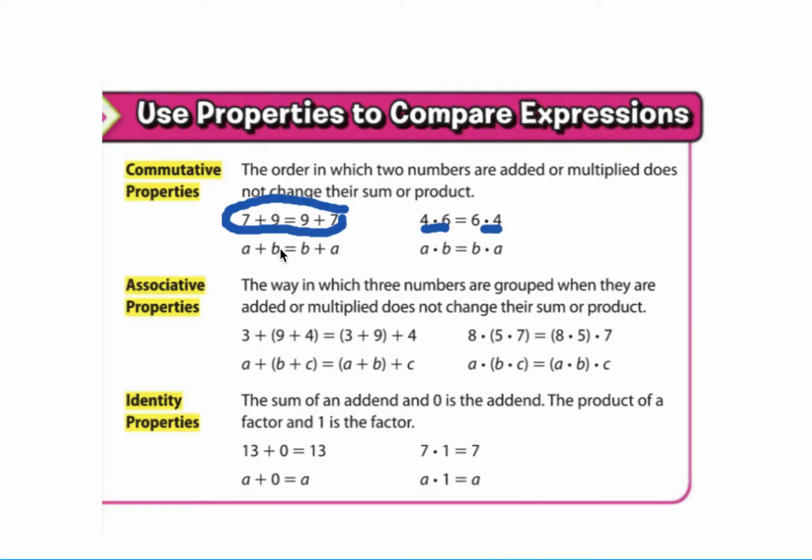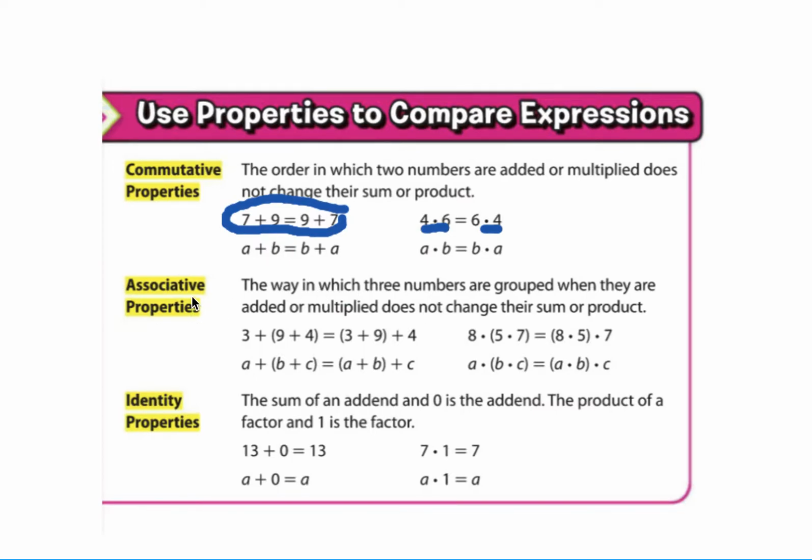Or A plus B will be equivalent to B plus A, and that is whatever A is and whatever B is. It doesn't matter, you flip it around, they will still have the same answer. And the same for multiplication. It's like when you say 7 times 2 is 14 and 2 times 7 is 14. It doesn't matter the order, it will be the exact same answer.